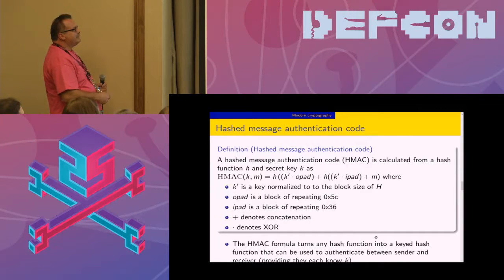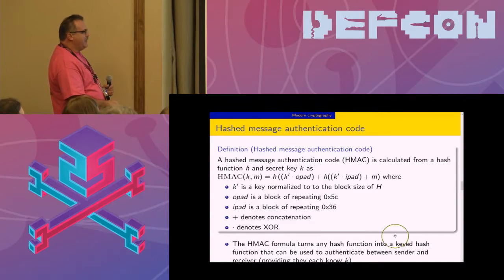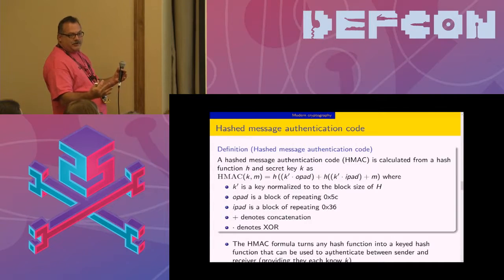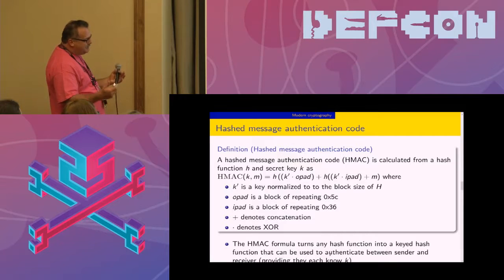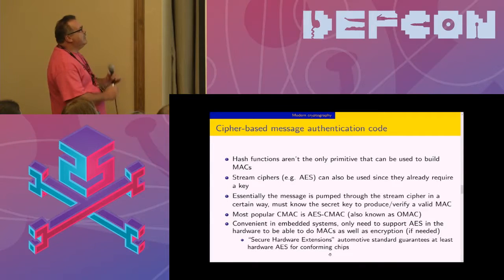I've got the formula here for you, but the idea is that the HMAC formula turns any hash function into a keyed hash function because we are adding the key in here. That's where we got the K prime there. So we put in our secret key and do a hash, and boom, we have a message authentication code. So things are looking up. It's maybe possible to make this all work.